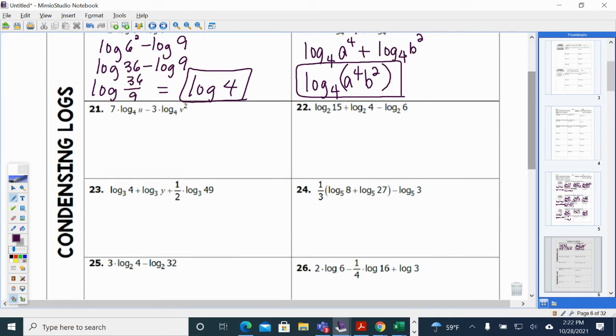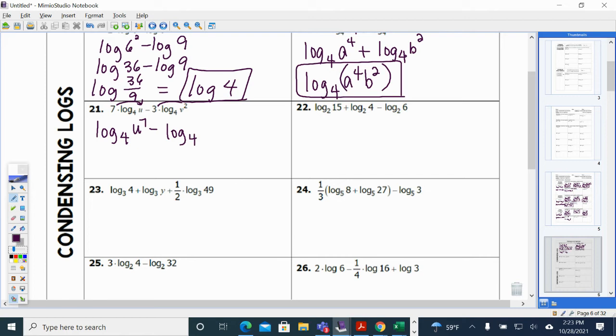Number 21, 7 times log base 4 of u minus 3 times log base 4 of v squared. So with this one, again, the first step is to move that 7, which is your product. We're going to make it a power. Log base 4 of u to the 7th minus. Now, what happens when I move the 3 to be a power? There's already a power there. So what do we do with these powers?